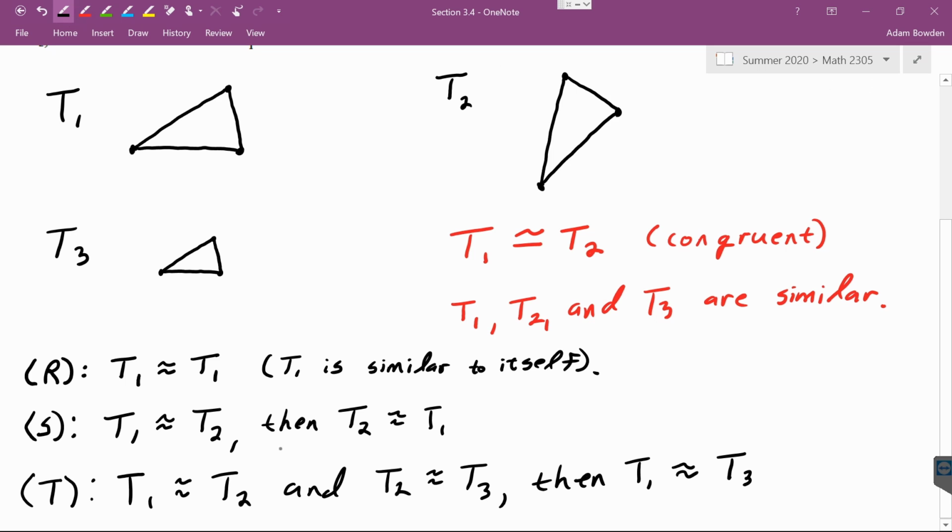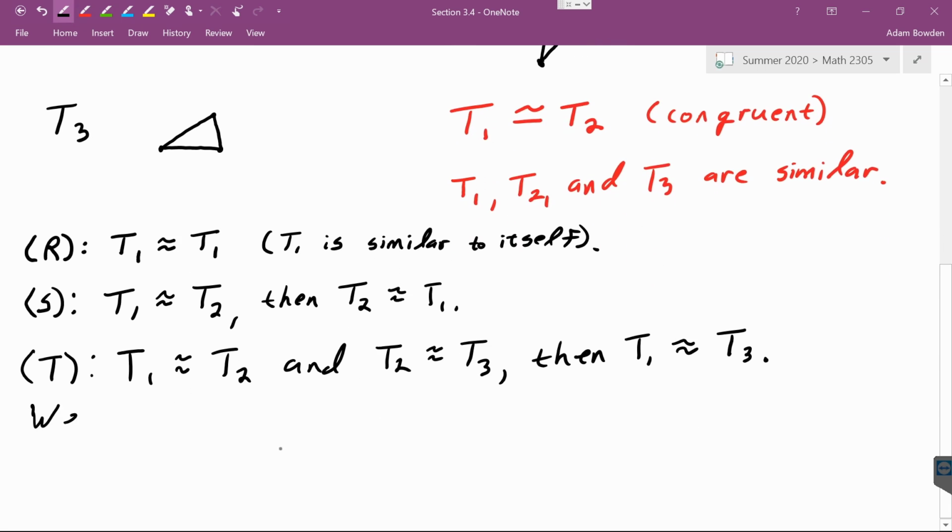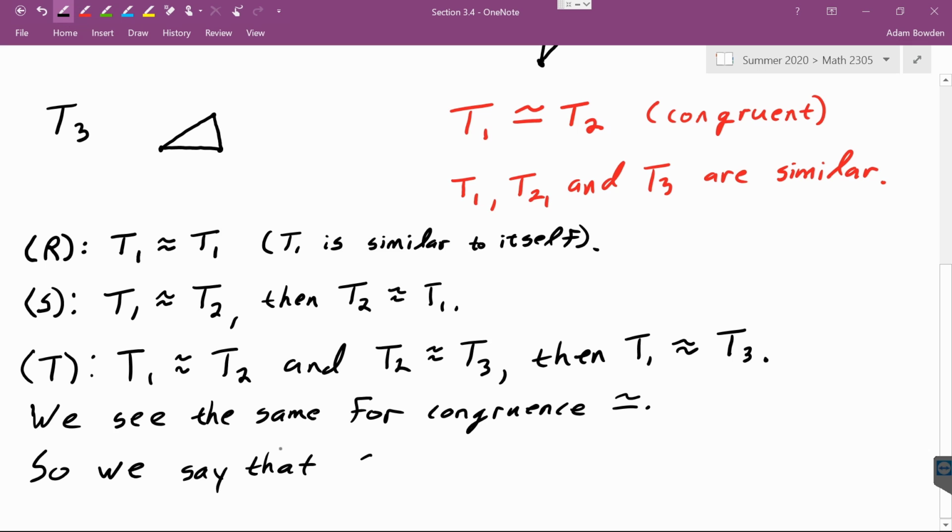So the property of similarity of triangles is reflexive, symmetric, and transitive as a relation. And thus we call it an equivalence relation. And so we see the similar situation for congruence. These two relations of similarity and congruence are equivalence relations.